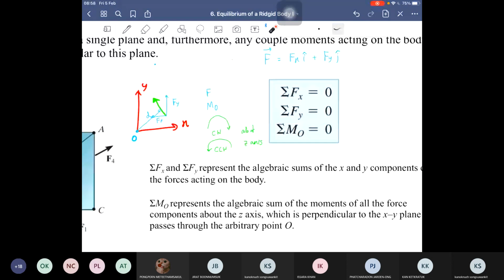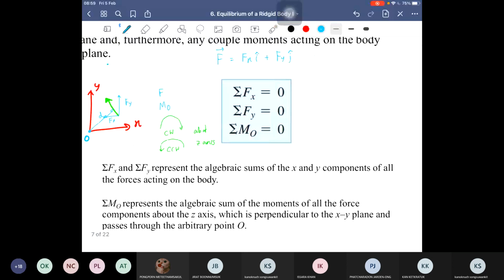So in equilibrium, the conditions of equilibrium in a 2D system, we have to satisfy that the sum of each component must be equal to 0. And again, because it is a rigid body, when we exert a force, a moment will be produced. The moment must be equal to 0. So we have 3 scalar equations to satisfy.